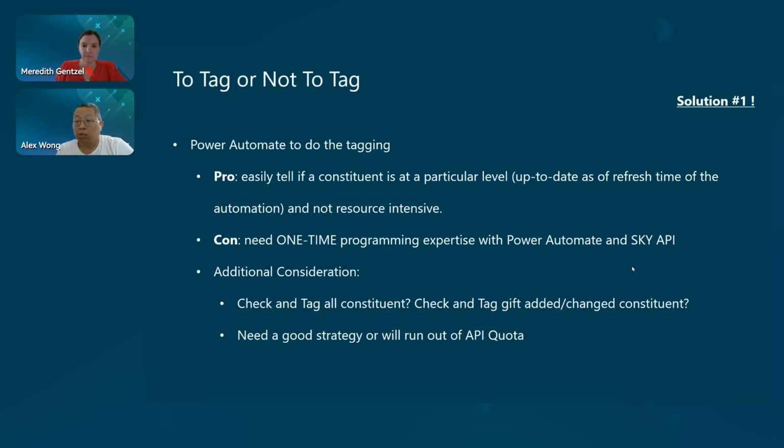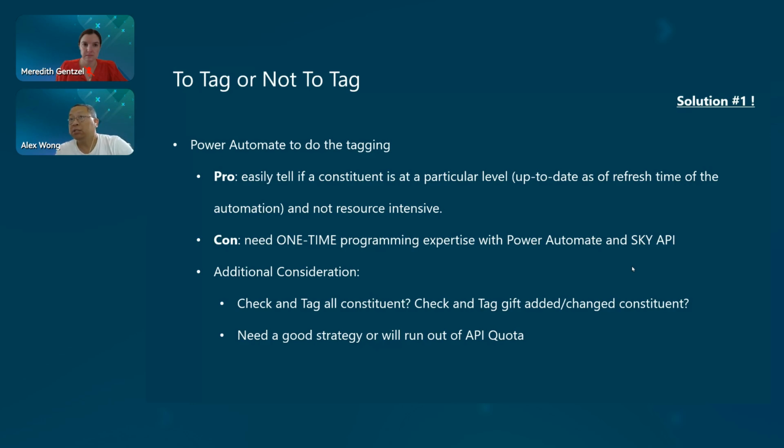So you will need some sort of strategy to work this, depending on your constituent size, and how many records and gift records you are receiving on a normal daily basis, because this may cause you to go over your API limits.